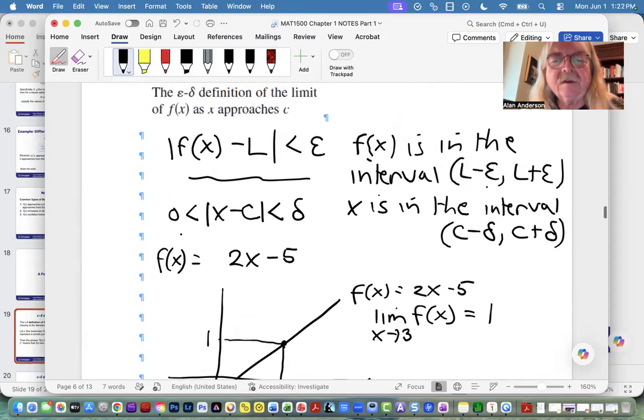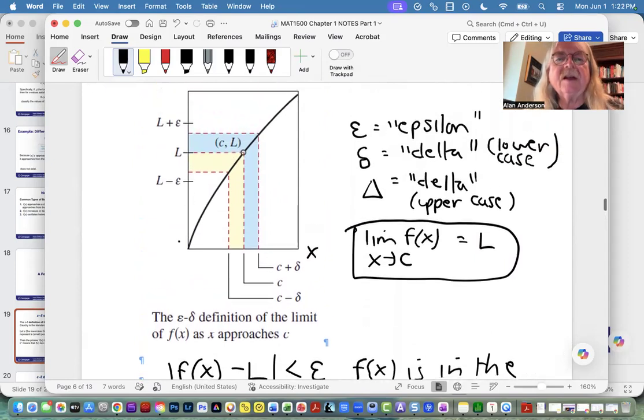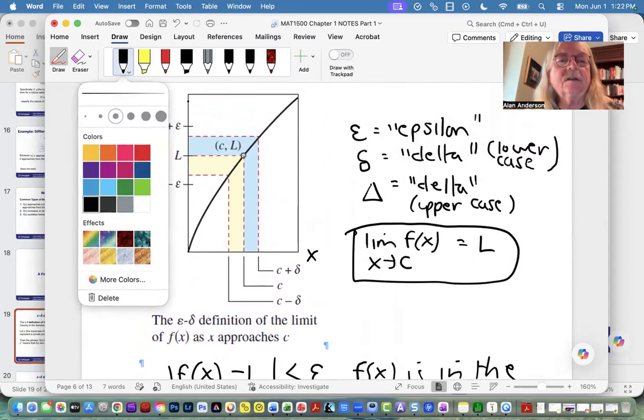By the way, before we go any further, let me grab this graph one more time so we can see it as we're going along.